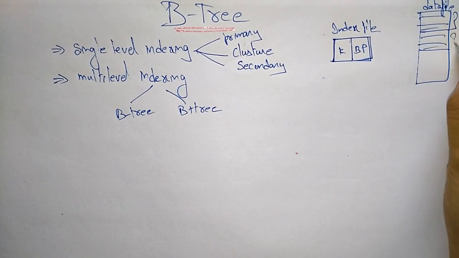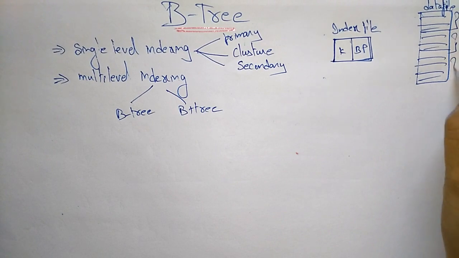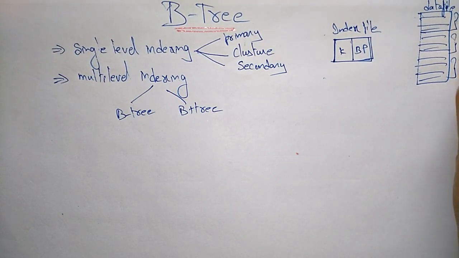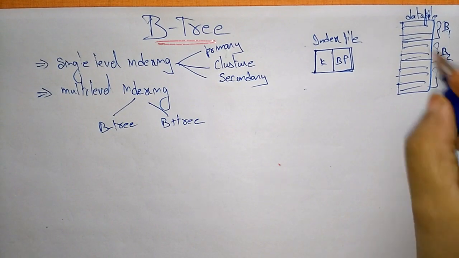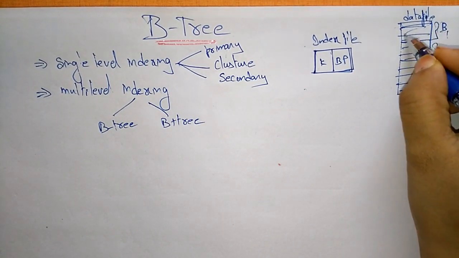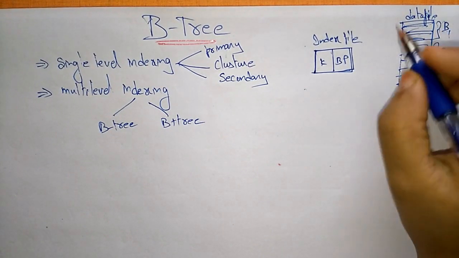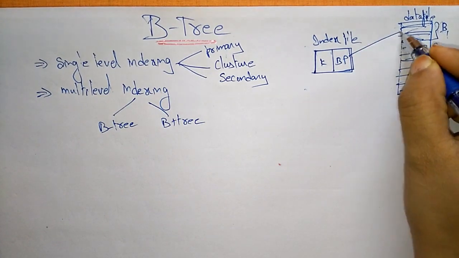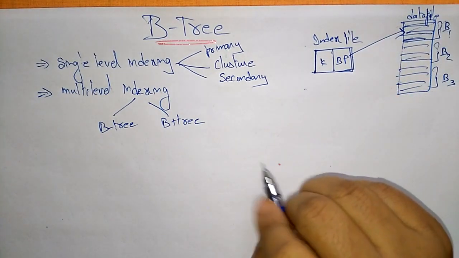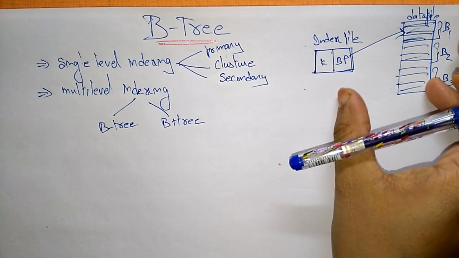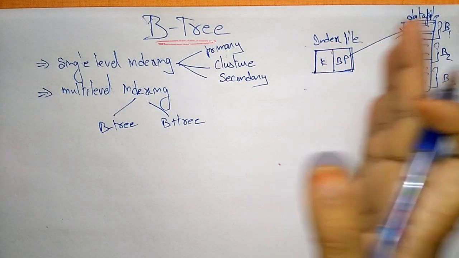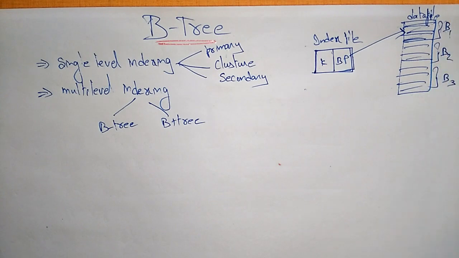These are block pointer 1, block pointer 2, block pointer 3. Here you have 3 block pointers, each block having records, and the block pointers point to the blocks. This is single level indexing. Only one level is there. The index file directly communicates with the data file.